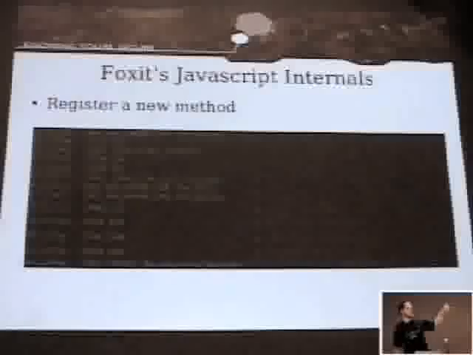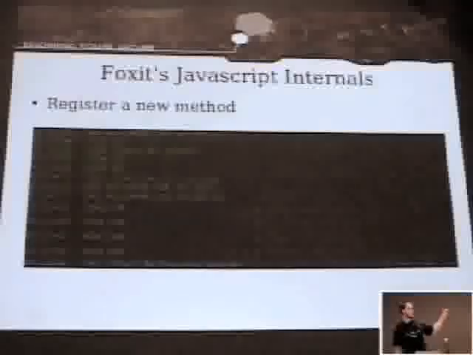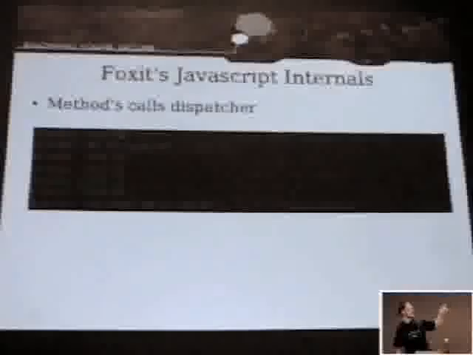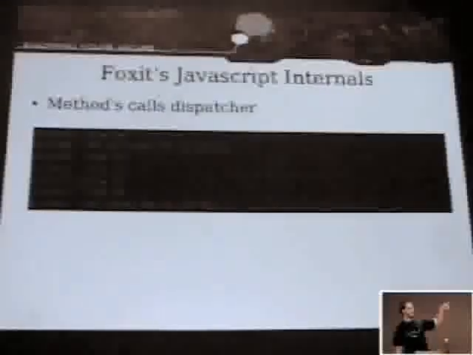A new method needs how many arguments this method is expecting, also the function pointer, the function name, and this parent object. And here you have the method call dispatcher. This dispatcher sends the argument array and the argument counter to the real function that is going to execute our function.